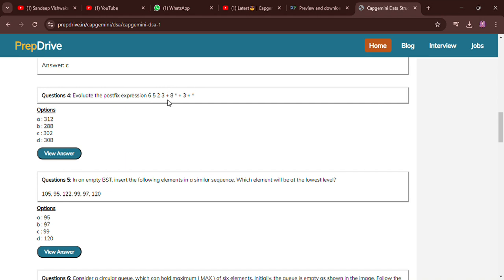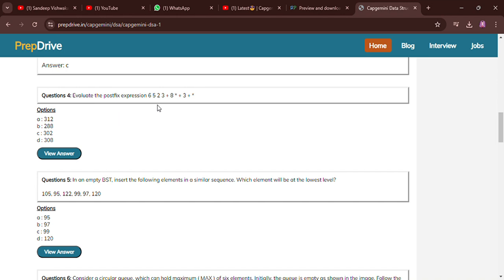Whenever we get an operator, we take two elements from the stack, 2 and 3. 2 plus 3 will be 5, so our stack will be 6, 5, 5. Then we take 8. Then an operator comes, so we take 5 and 8 from the stack and multiply, 5 into 8 is 40, and we push it back into the stack.